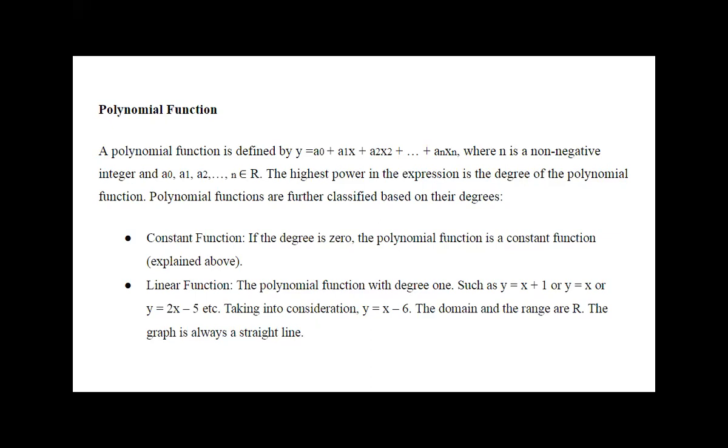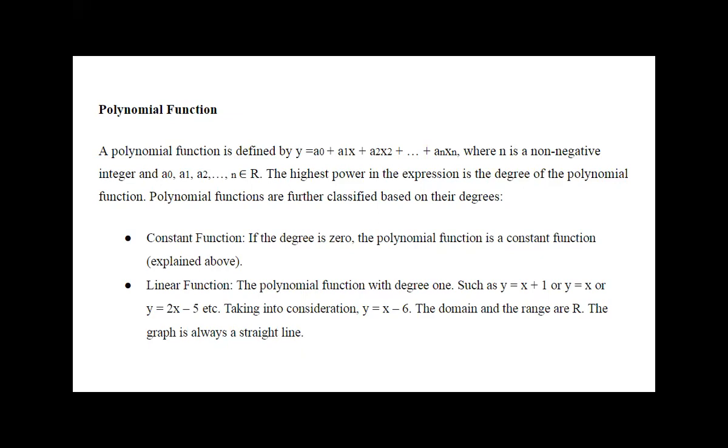So the graph of this function also will be a straight line. So the functions are known as linear functions, the polynomial functions with degree 1. Linear functions are polynomial functions with degree 1, such as y is equal to x plus 1, or y is equal to x, or y is equal to 2x minus 5. These are examples of linear functions.